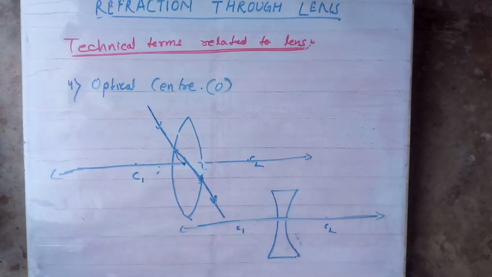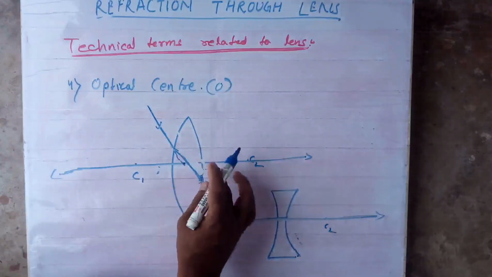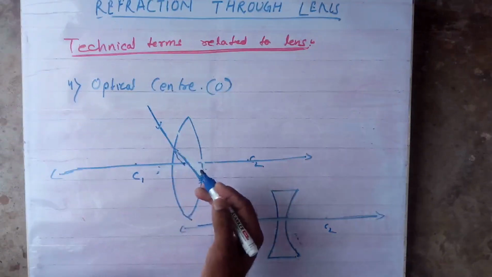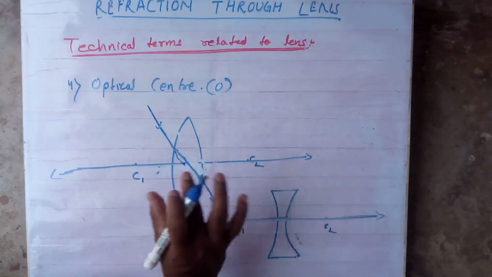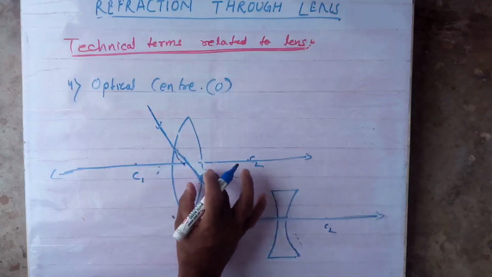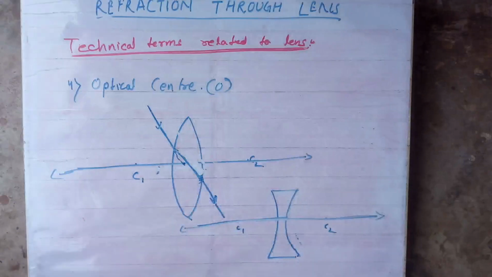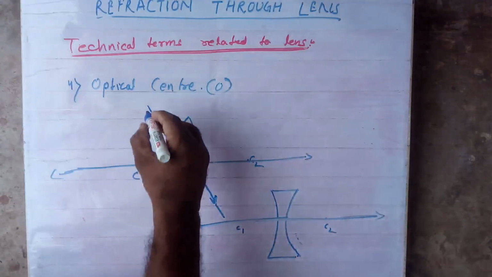If it is a thick lens, then a little lateral displacement is there, the ray shifts slightly to the right or left, that will be observed. The direction is the same only.